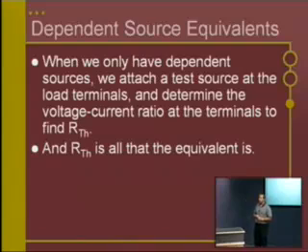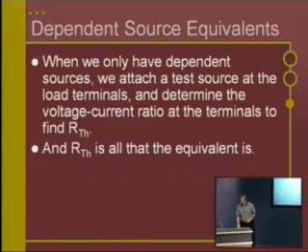The problem with this method, as much as anything, is there's no good rule of thumb for which source you hook up. It's kind of whichever feels easier to you. Do you like solving for short circuit currents, or do you like solving for open circuit voltages? That's about the only thing that you have to work with.